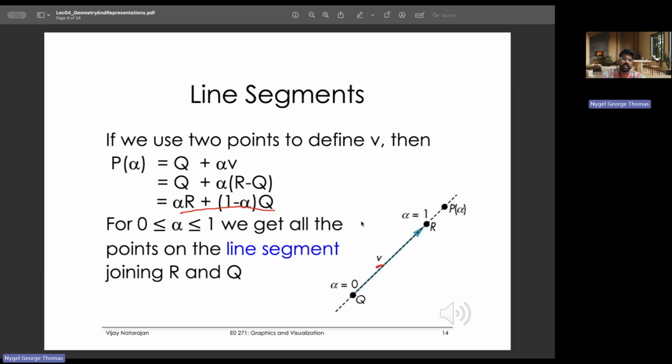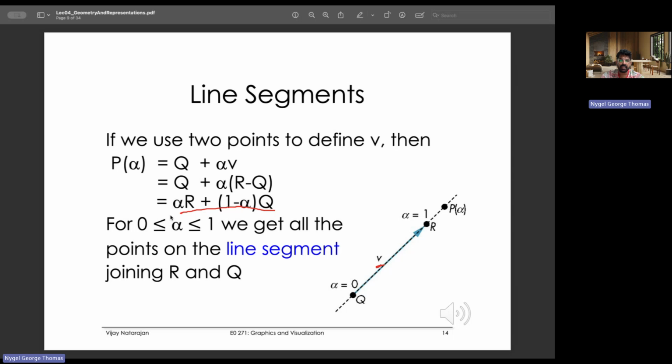So V can be represented as R minus Q. So P of alpha is equal to Q plus alpha times R minus Q. If you rearrange this, you'll get alpha times R plus 1 minus alpha times Q. This is the parametric form of a line segment.